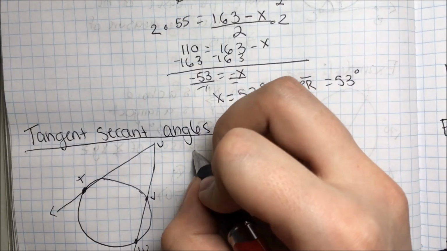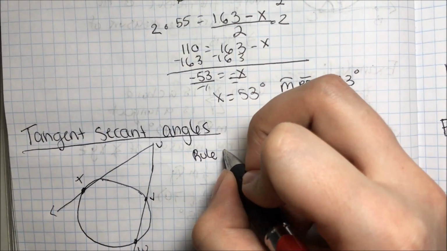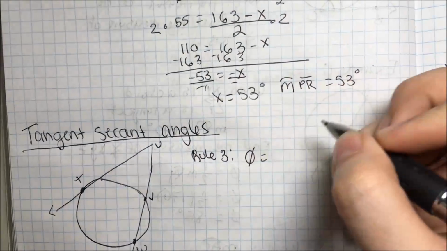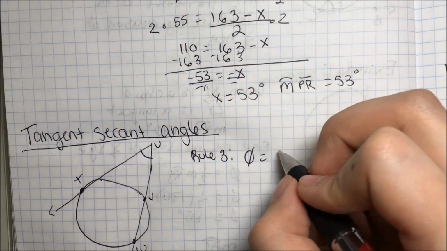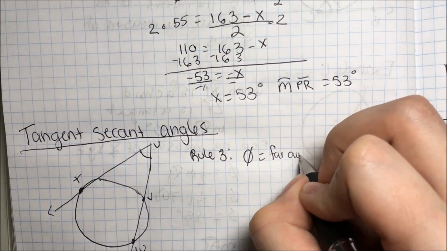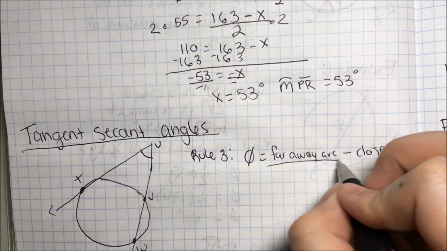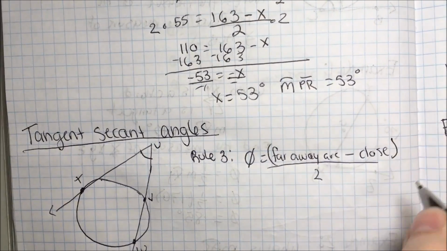So the rule for this is the same rule as for the secant-secant. So angle U would be equal to the far away arc minus the close arc, all divided by 2.